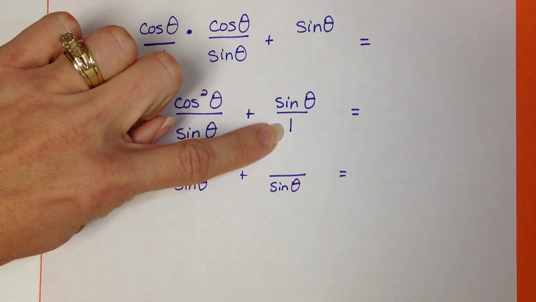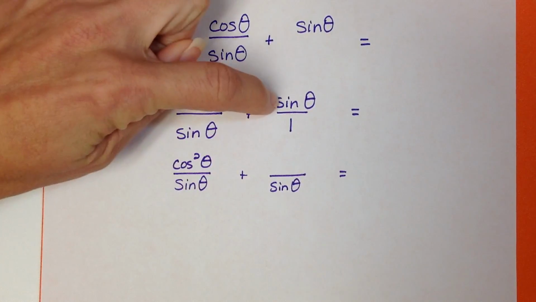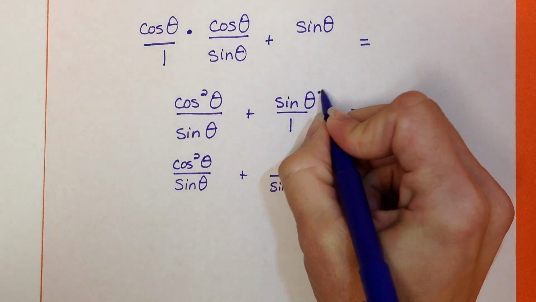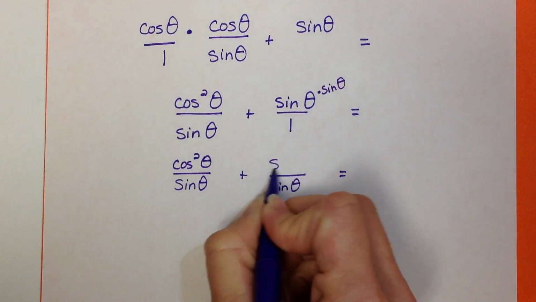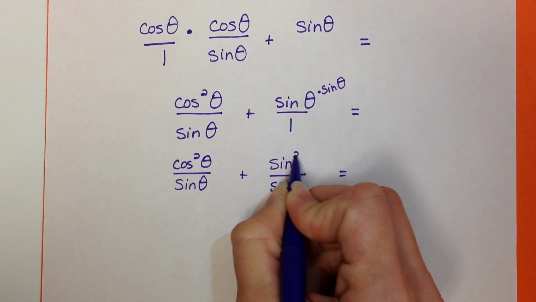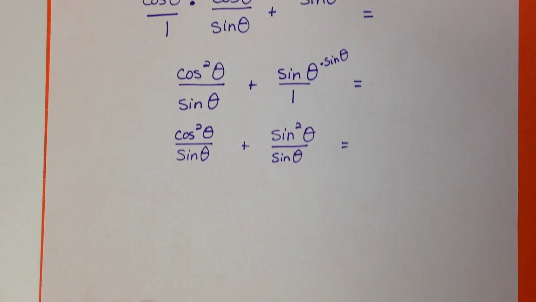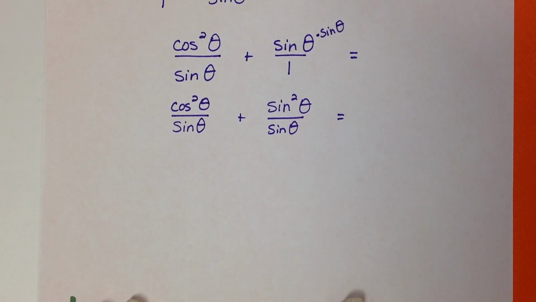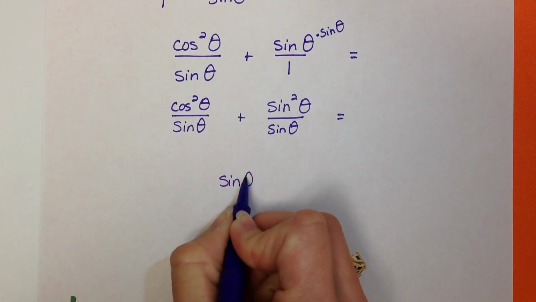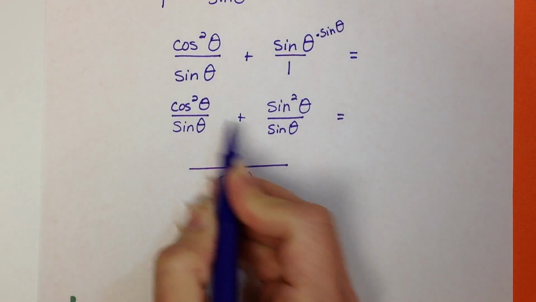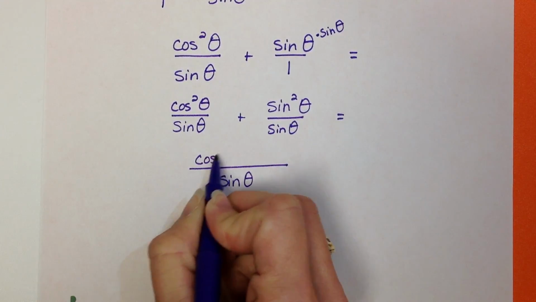Now your second fraction, of course what you're missing there is the sine, so therefore you've got to multiply the top times sine. So you have a sine times a sine, which is going to give me a sine squared. Okay, now I can add those together since I have the same denominator. Now these are not like terms, so I can't physically combine them.